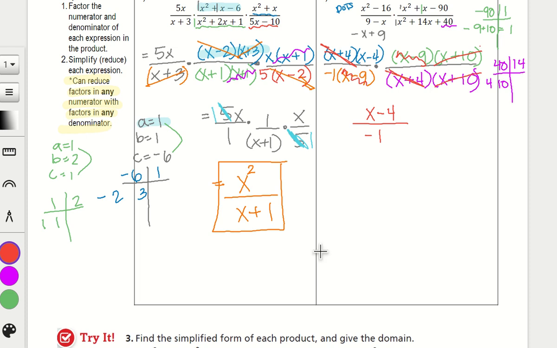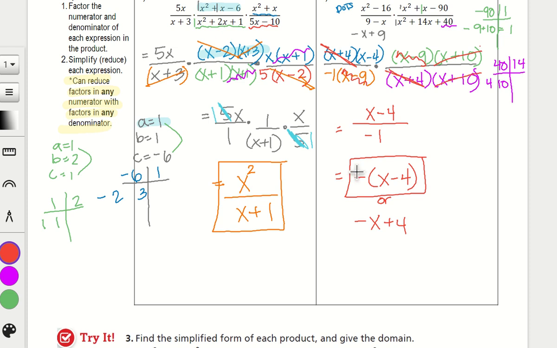Okay, so if I think about that, that means that I have a negative times x minus 4. Or if I really wanted to, I could write that as negative x plus 4, but this is the better answer. Okay, so I could distribute the negative if I really didn't like the parentheses. I wanted to write a little bit less. And so that is that expression.